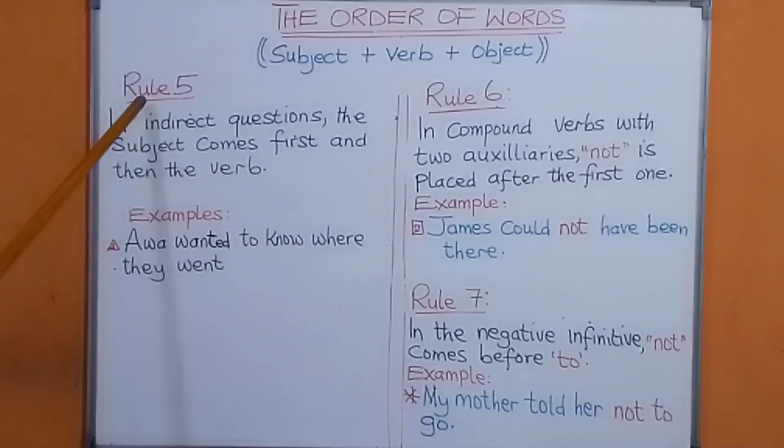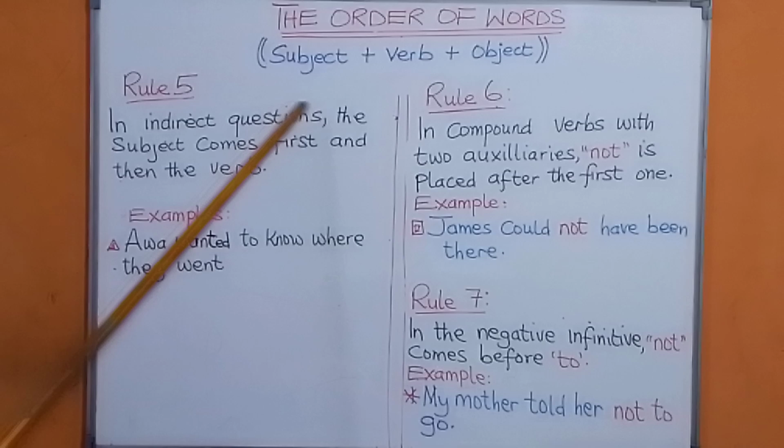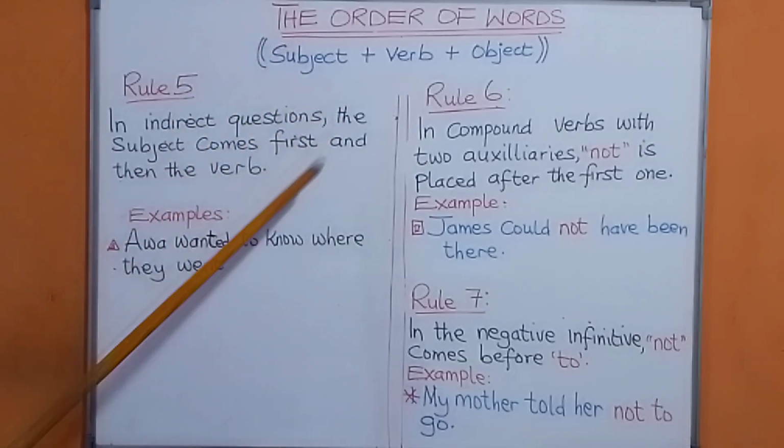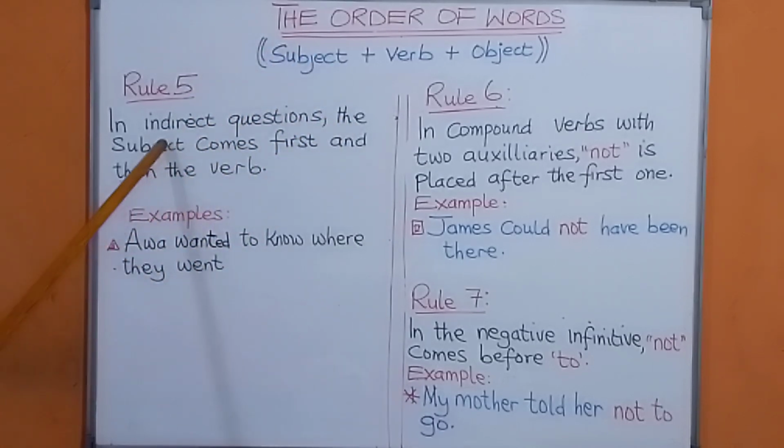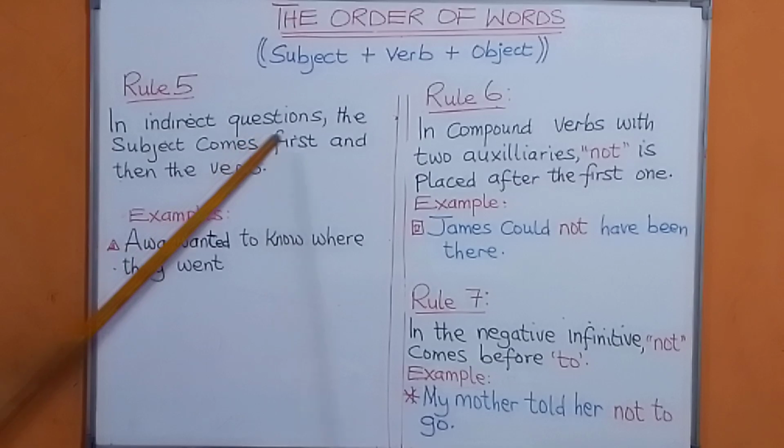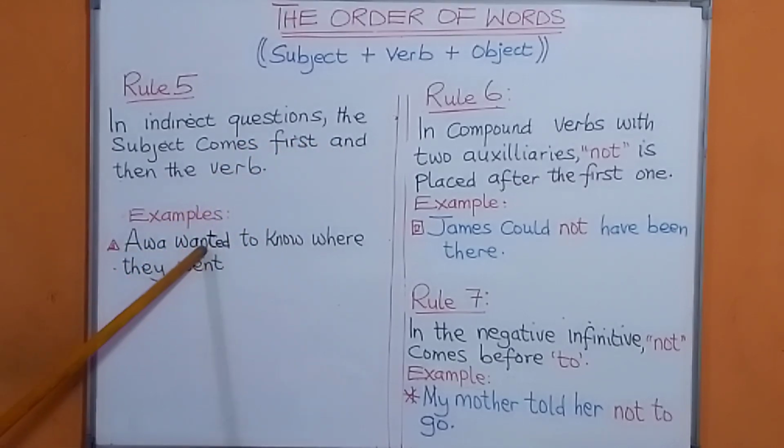So we've been looking at rule 5, in indirect questions. When you are making indirect questions, put the subject first and then the verb. The subject first before the verb. If you are making a direct question, then the verb comes before the subject.